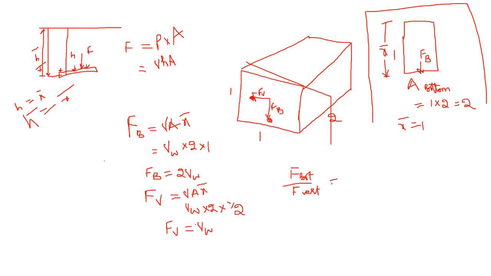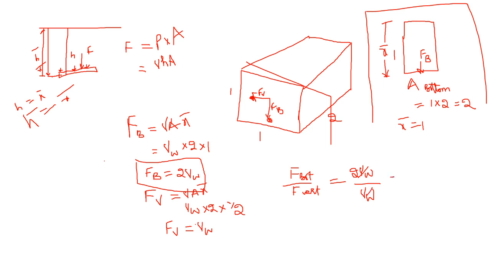Then how much will it arrive? Force at the bottom is 2 times gamma W. The vertical force is gamma W, then it will be cancelled.